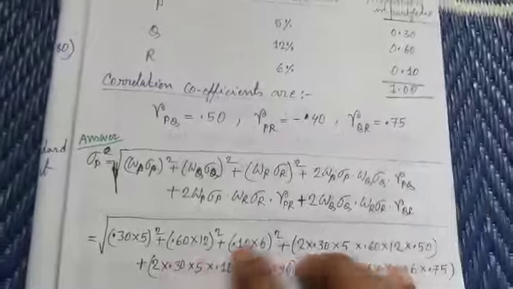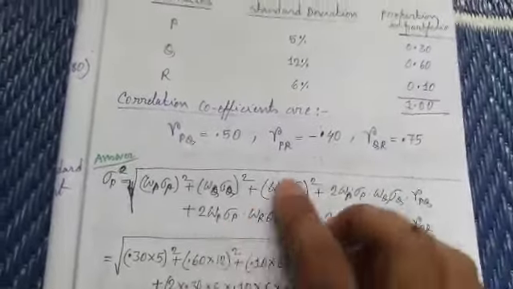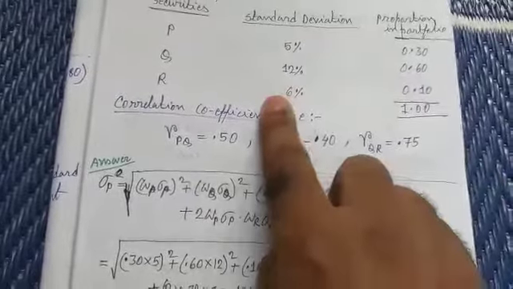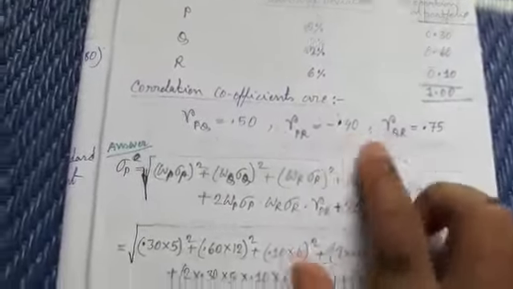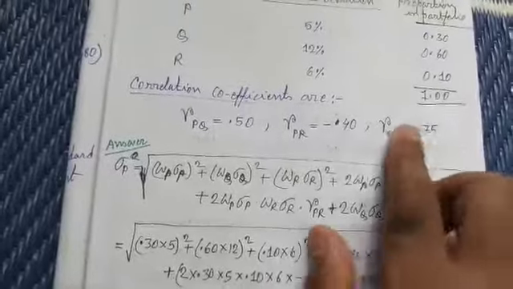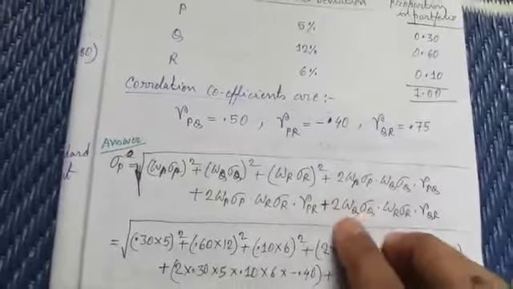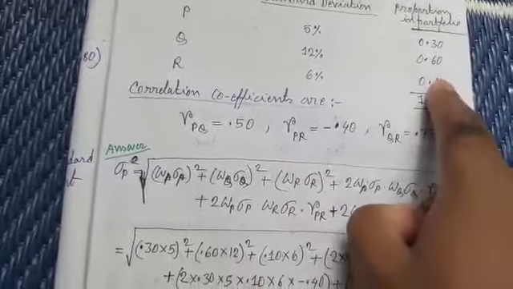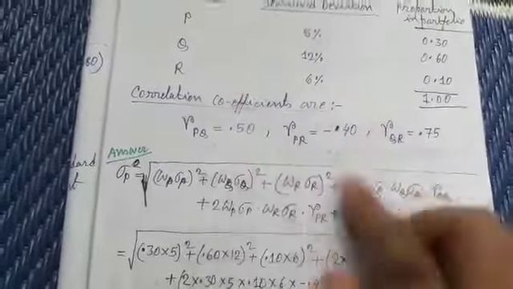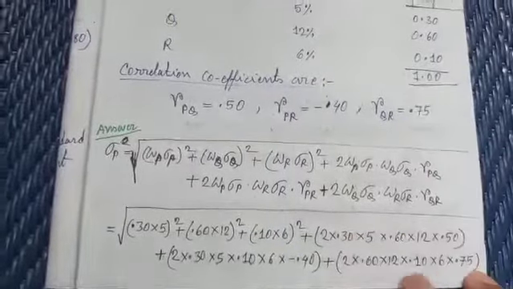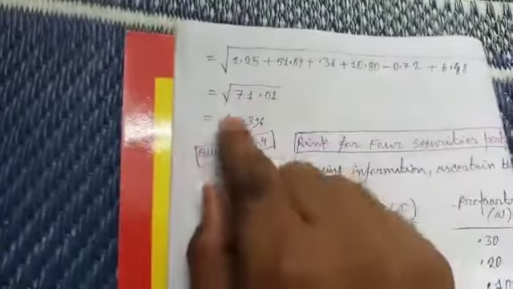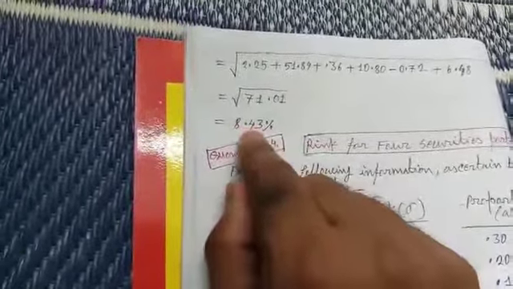Then plus 2 into WP into sigma P, WR into sigma R into RPR, that is minus 0.4, which is to be taken. Next plus 2 into WQ into sigma Q, WR into sigma R into RQR. Here RQR is 0.75, so this is to be written. And by calculating all this, the result of portfolio risk comes to 8.43%.